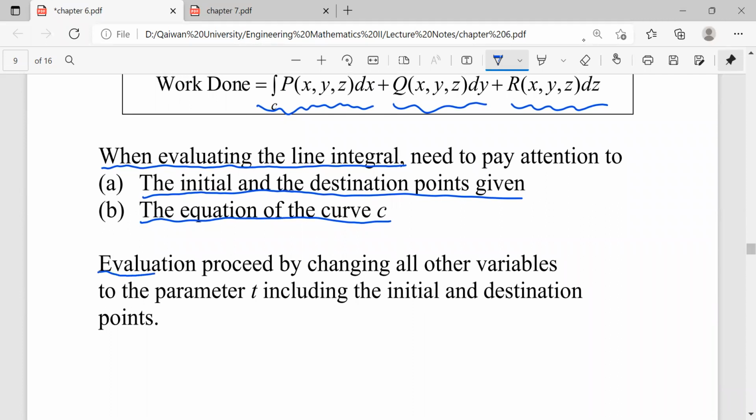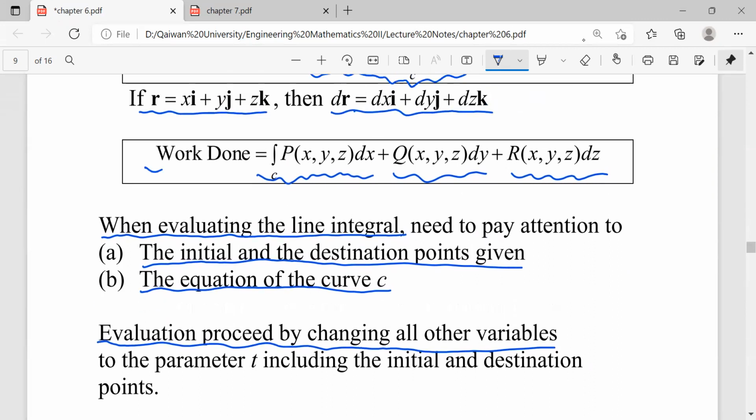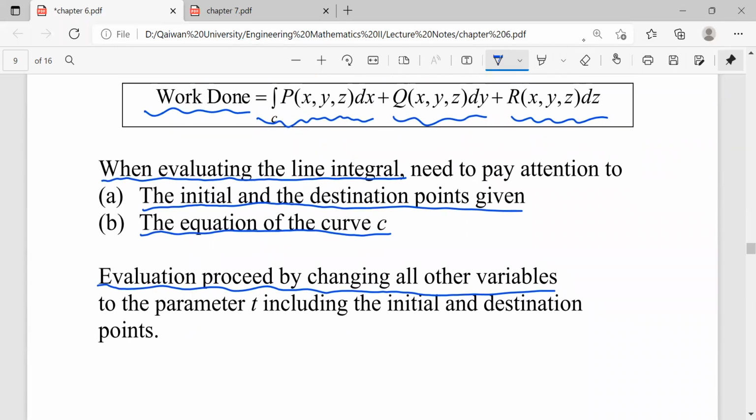Here, evaluation proceeds by changing all the variables for finding work done. We are going to change all variables to the parameter t. We must have no x, y, and z in the integration, because here we have parameters.